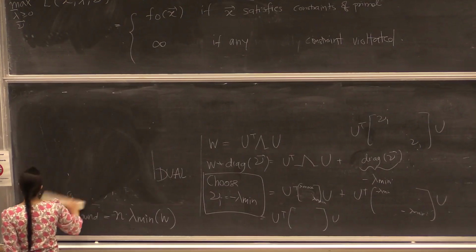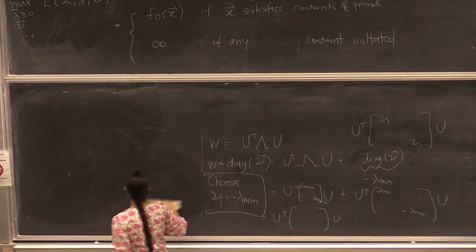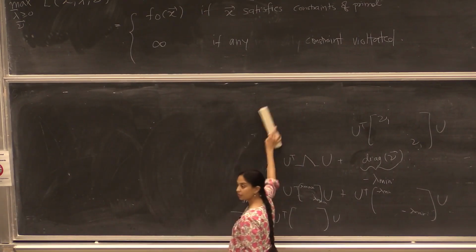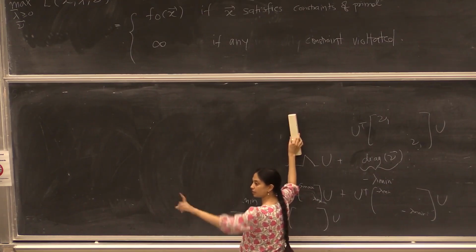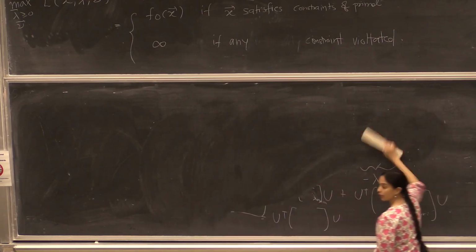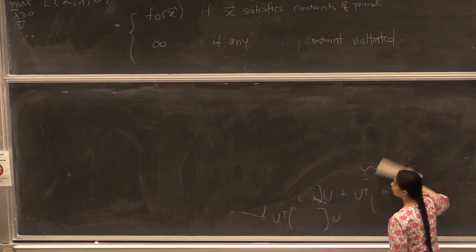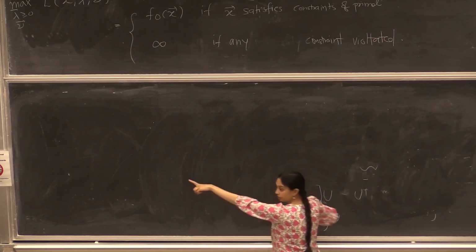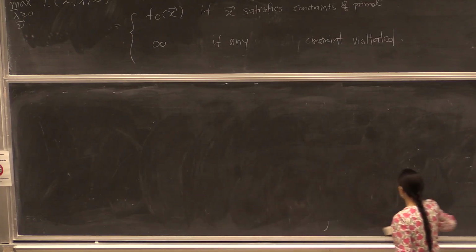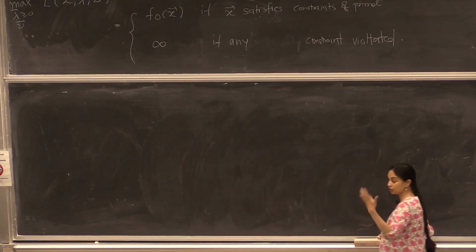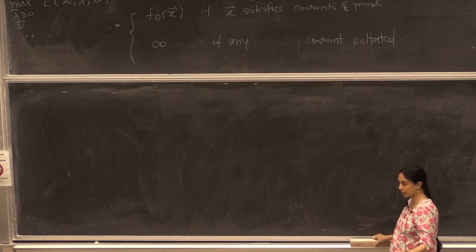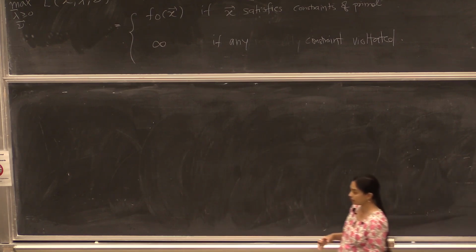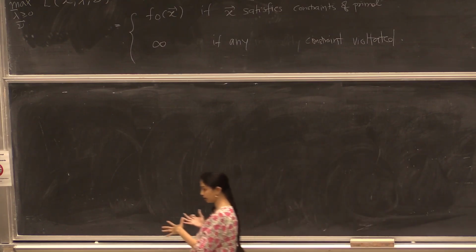So in the case of the dual, when we were trying to compute it, we were trying to maximize g, and g had two cases. In one case, it was negative infinity, and in the other case, it was something finite.